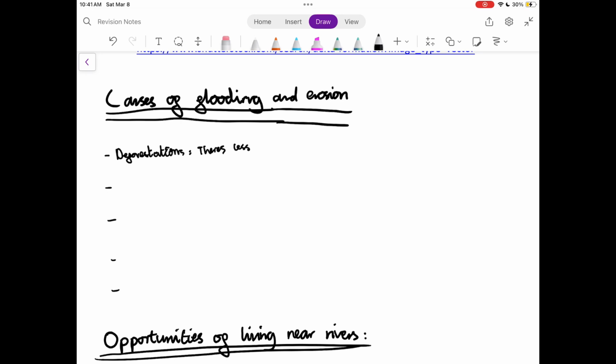This results in increased overland flow, so it goes into the river, and then it can cause the river's level to rise.